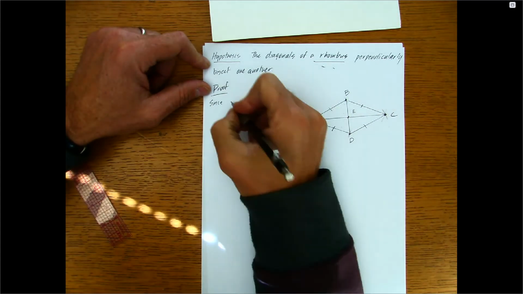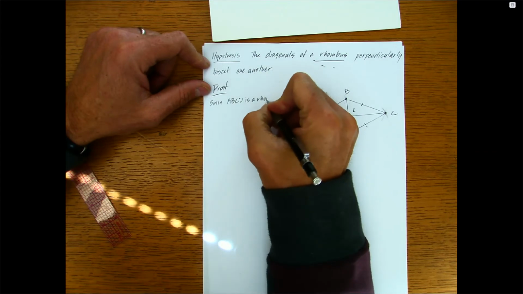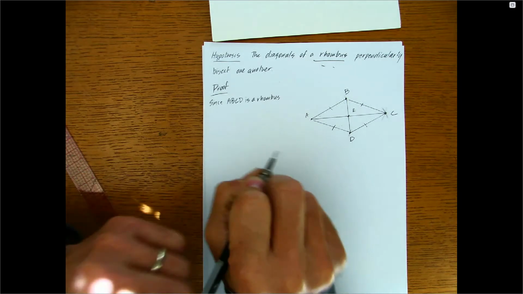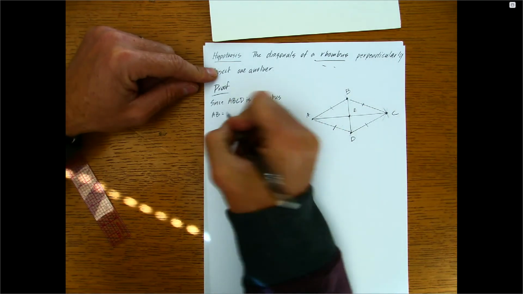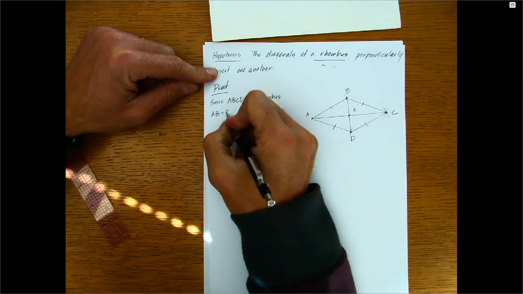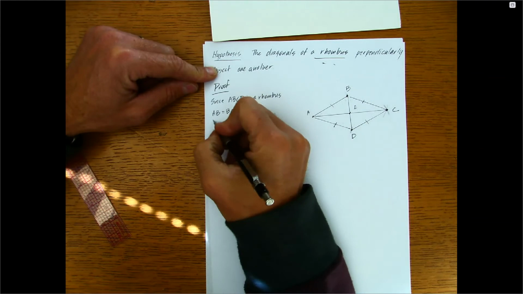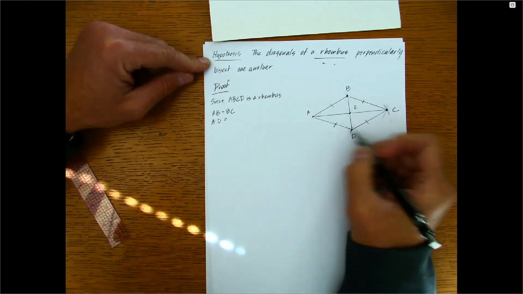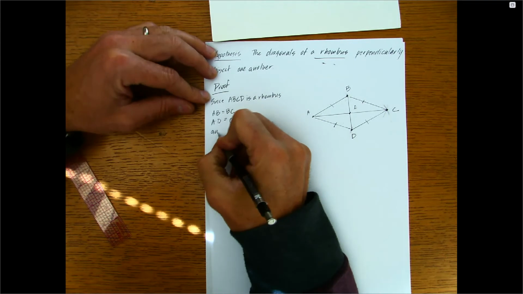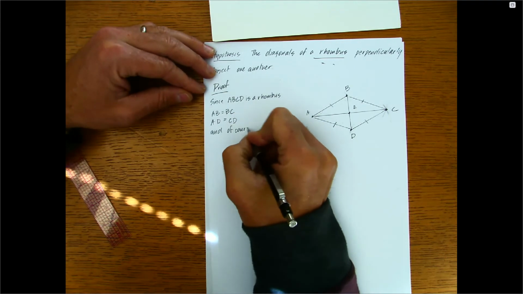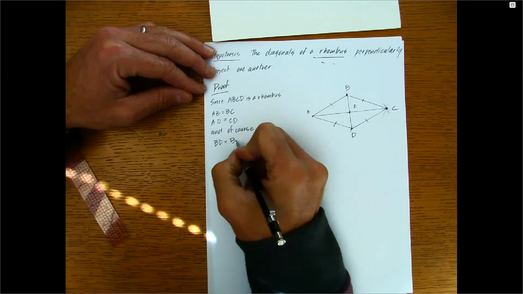So let's see. Since ABCD is a rhombus, AB is equal to BC, AD is equal in length to CD, and of course BD is congruent to itself, so it's equal in length to itself.